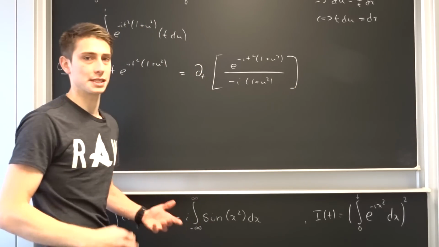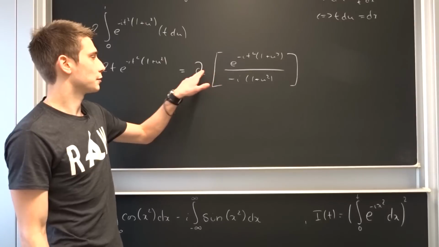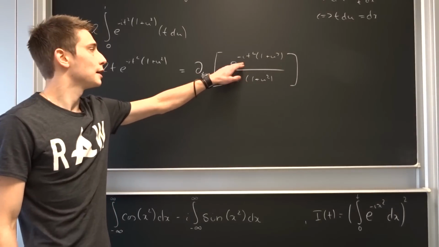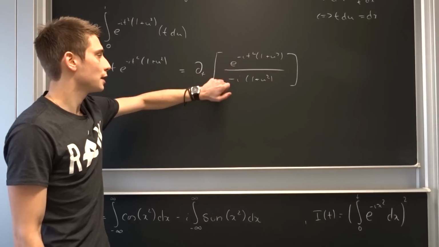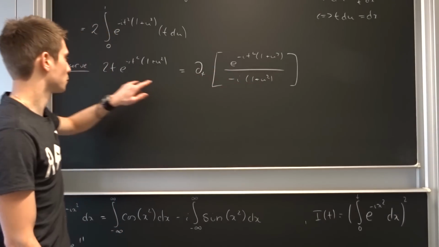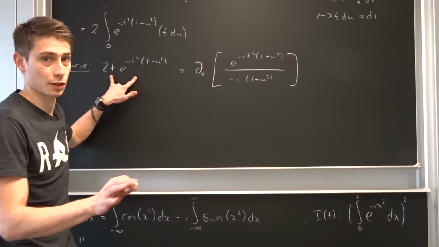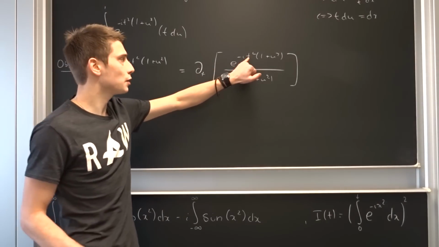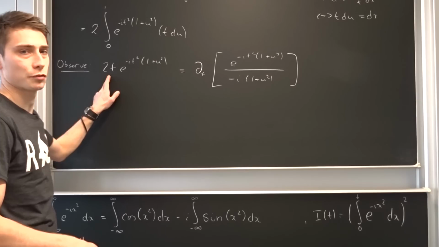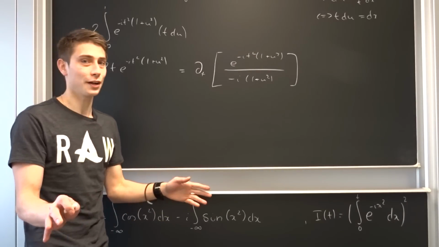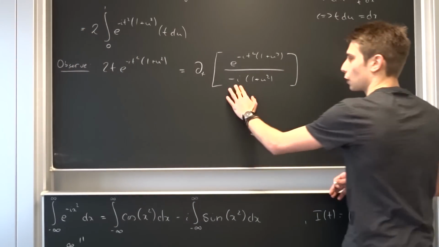And I hope you can see where this comes from. So if we differentiate this in terms of t, the minus I and 1 plus u squared get dragged down. So this cancels out because we don't have this on this side, so we want this to cancel out. And also we have to take the derivative of t squared, so that's 2t, and we end up with this 2t.